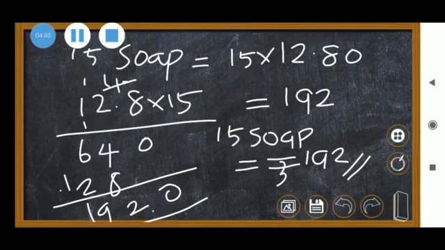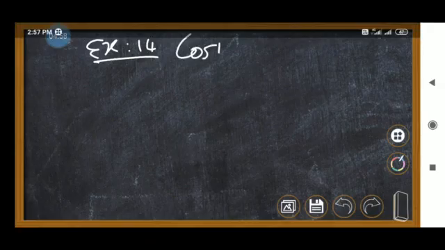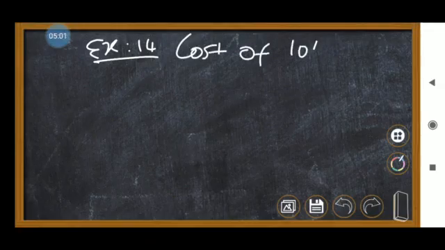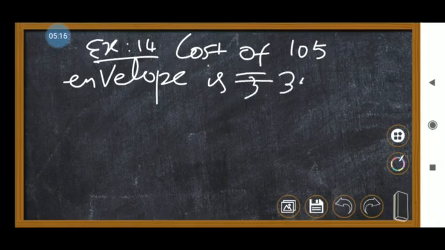So example 14. Just pause the video and note it down. Example 14, what they have given: cost of 105 envelopes, like courier covers or postcard covers, that kind of envelope, is 350 rupees.